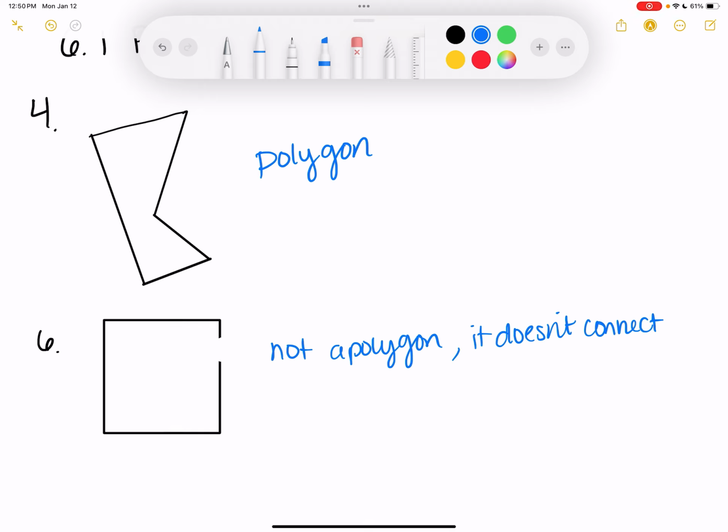Tell whether the polygon is equiangular, equilateral, regular, or none of these.